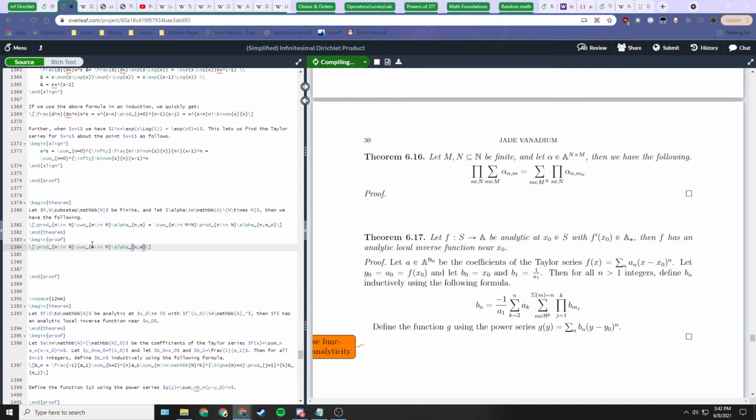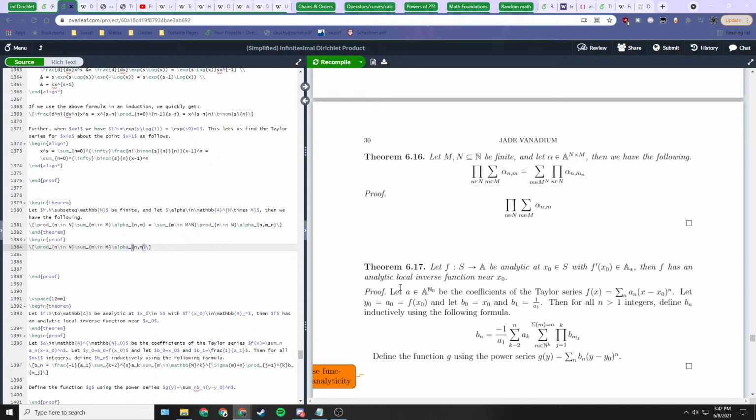So if we start out with this, we can imagine taking out some element. Actually, let's do it this way.